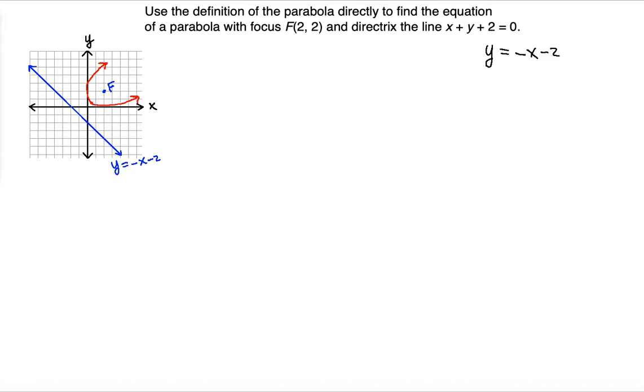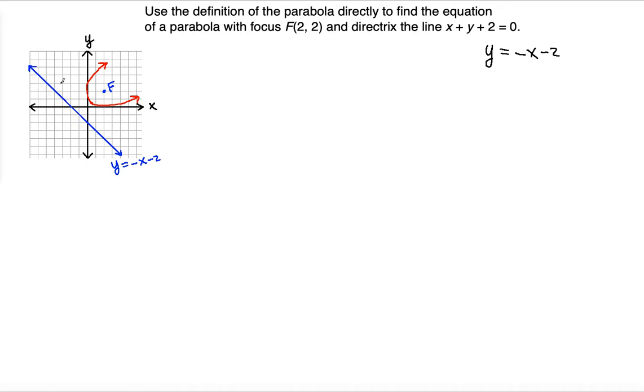In any case, now let's talk about the definition of the parabola. The definition says that the parabola is a locus of points, and any such point on its locus is going to be equidistant from the focus and equidistant at the same time from the directrix line.